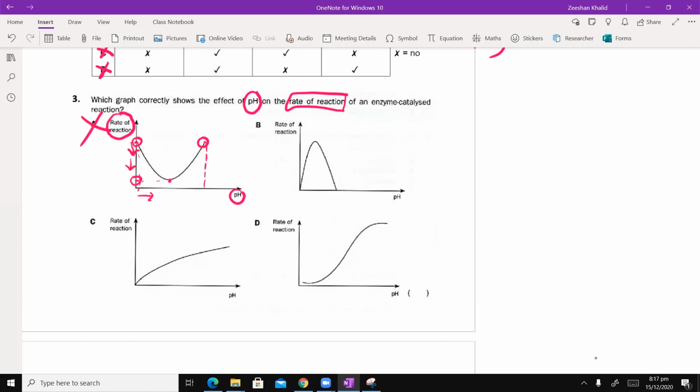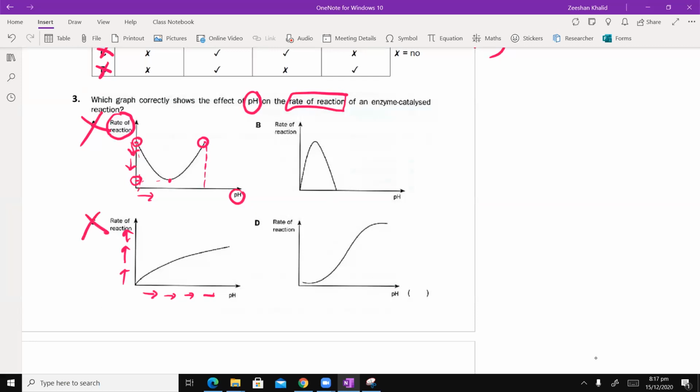Okay, let's look at option C. As you keep on increasing the pH, the rate of reaction keeps on increasing. It will never slow down. Well, it will, because there will be a pH at which it will work at its best, and when you go beyond that value, the rate of reaction is supposed to decrease. So again, that is incorrect.